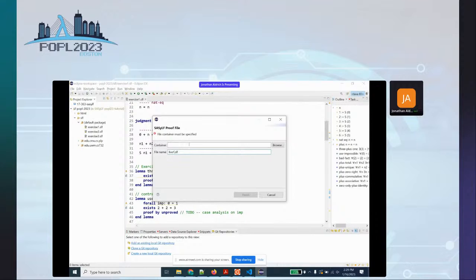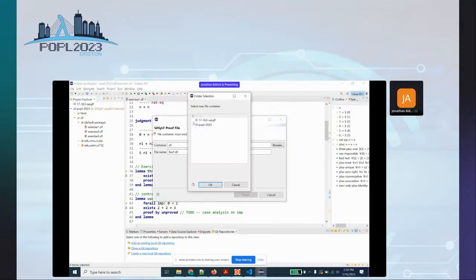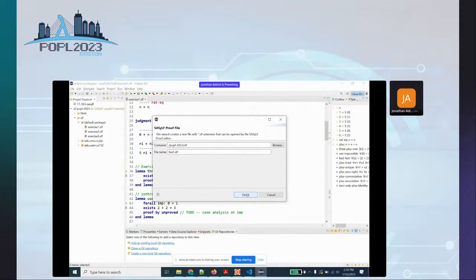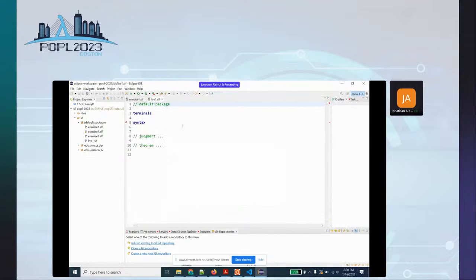The container, I'm not sure why it needs to be specified. Okay, let's go in here. There we are. Okay, here we are on live.